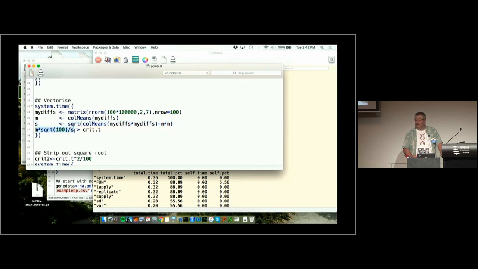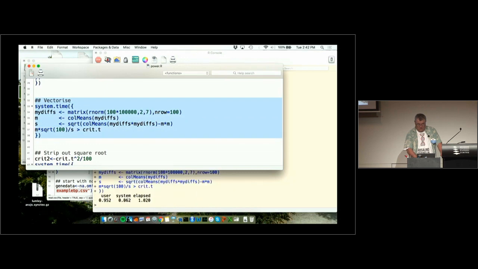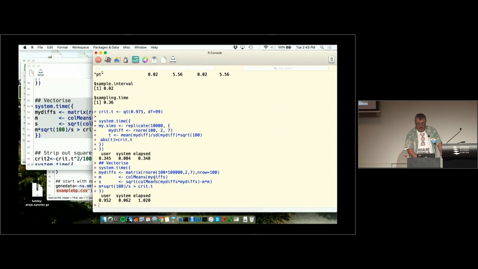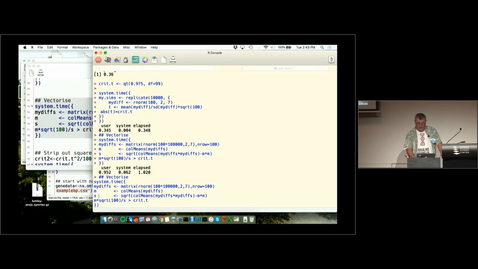And so this gives us the t statistic, and we compare it to the critical t statistic. And so doing 10 times as many takes about 3 times as long, so we've got about a threefold speed increase there.